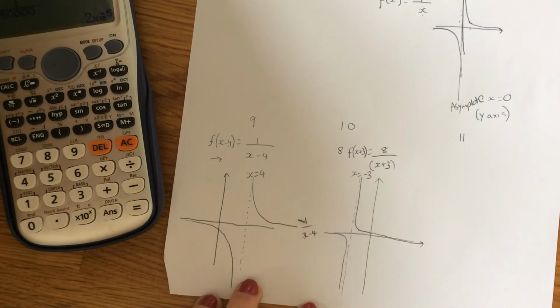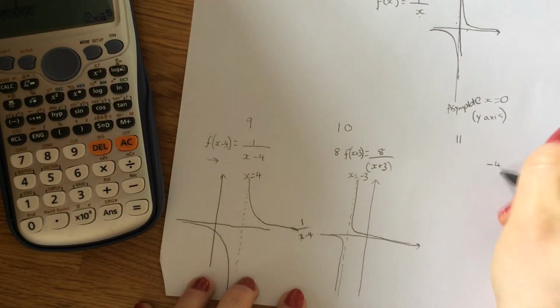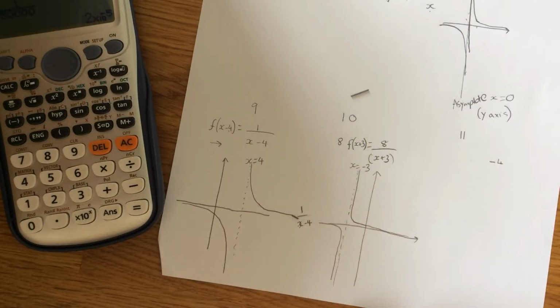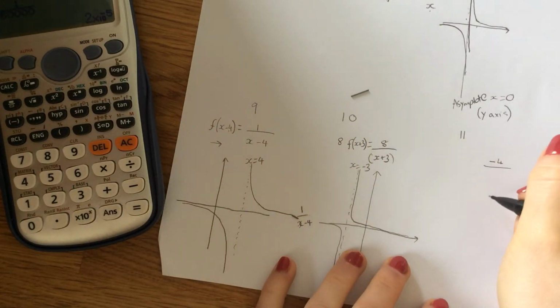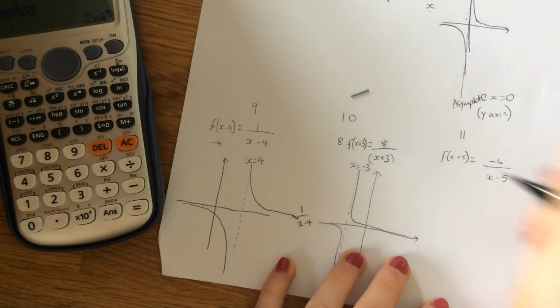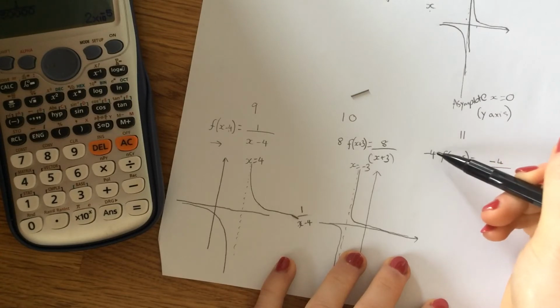Okay. Finally then, question 11 is y equals -4 over x minus 5. So this time we've got a shift again of the x values, and we are stretching by -4.